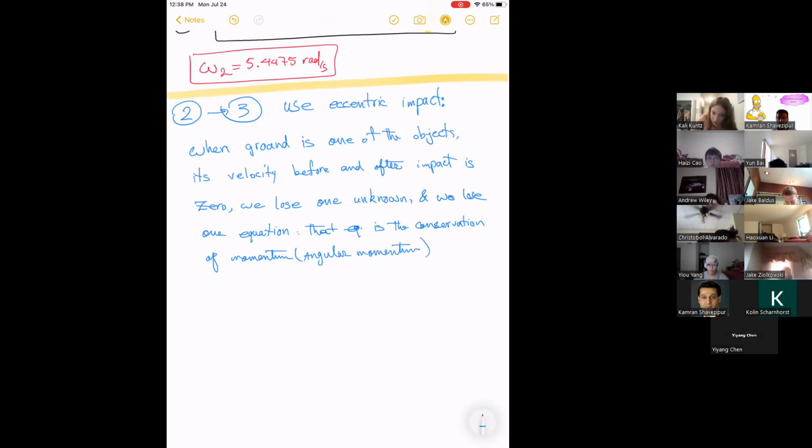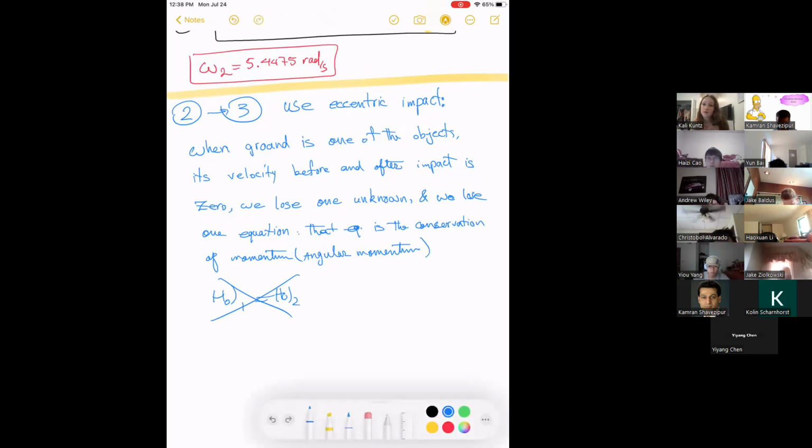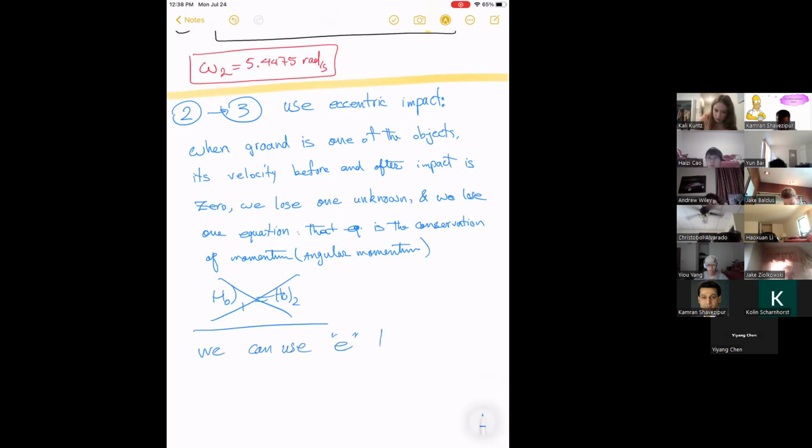Which means I cannot use H_O1 equals H_O2. You cannot use this. Luckily, we don't need it because the velocity of ground remains 0, right? So we have one equation. And so if that's the case, we can use e to find the unknown.